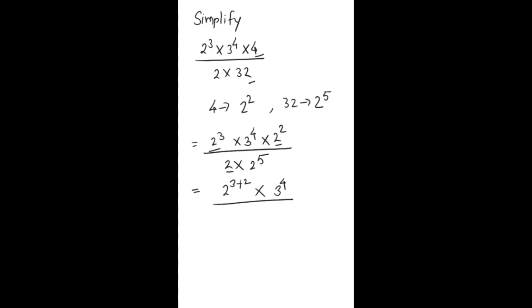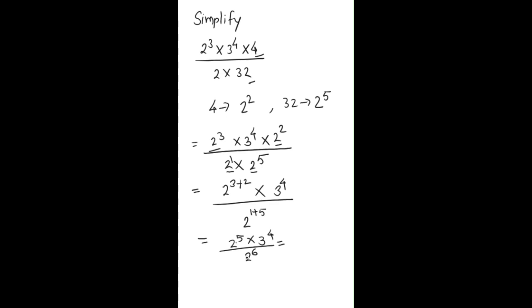Now here in the denominator the bases are common. No power means power 1 is there, so we will write 2 power 1 plus 5. Now we can directly add, this will give 5 and this will give 6. So 2 power 5 multiplied by 3 power 4 by 2 power 6.